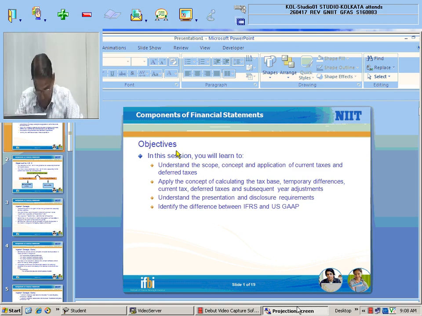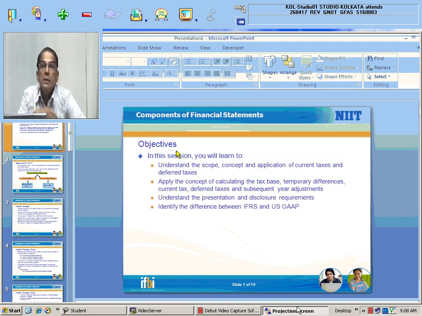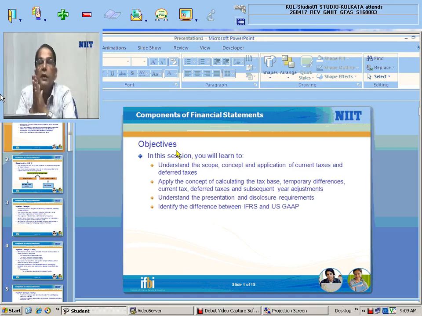See, when a company makes financial reporting through its profit and loss account, it calculates tax based on the profit that is determined in accordance with the financial reporting requirements. But the tax laws in different countries are different.